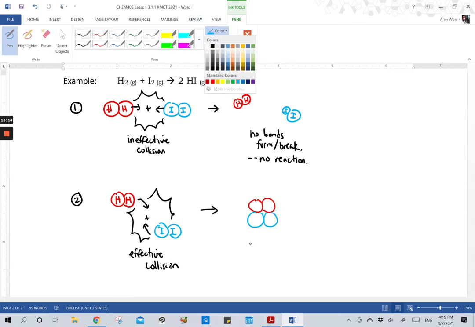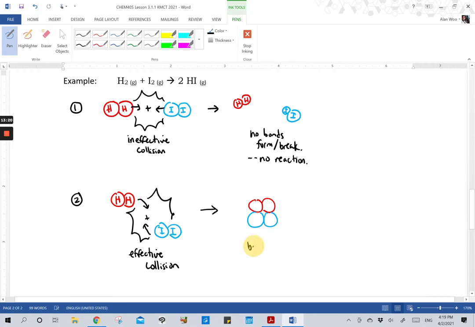In this scenario, bonds form and an intermediate molecule is produced.